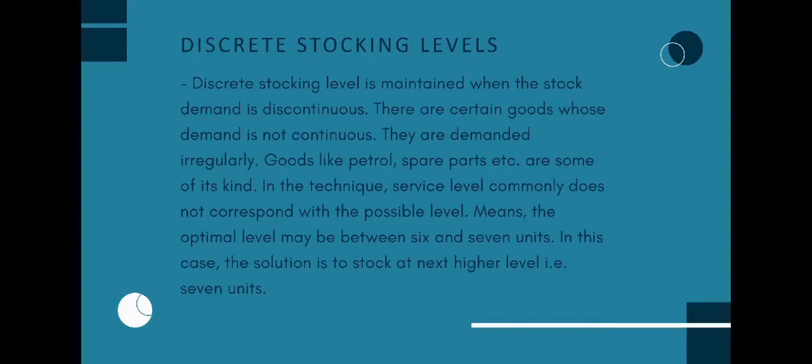In this technique, the service level commonly does not correspond with a possible level, meaning the optimal level may be between 6 and 7 units. In this case, the solution is to stock at the next higher level, which is 7 units. The discrete stocking level is a type of single period model and is used in the technique of calculating shortage cost and excess cost.